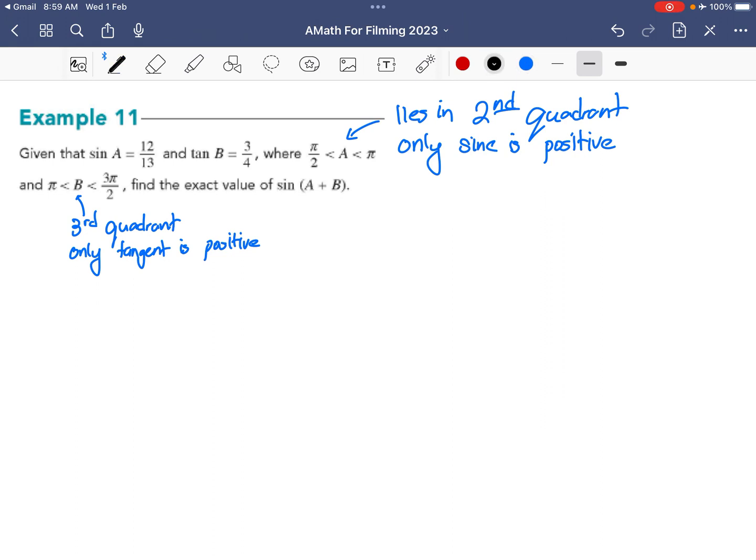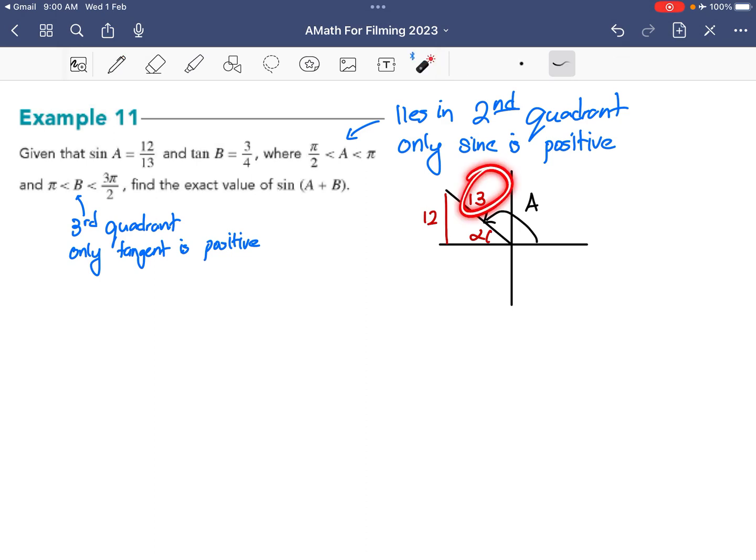Now, for the first one, since only sine is positive, I'm going to draw the diagram for angle A itself. This is angle A. Sine of angle A is 12 over 13, so this is the reference angle: opposite over hypotenuse, 12 over 13.